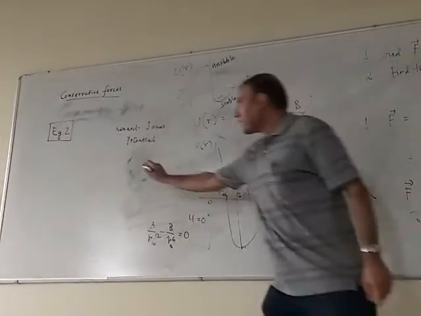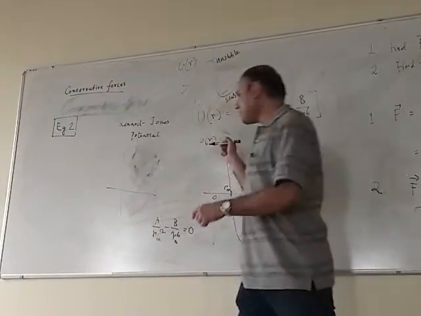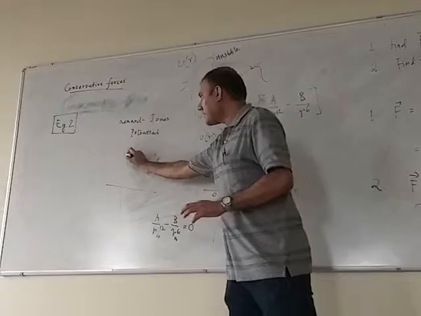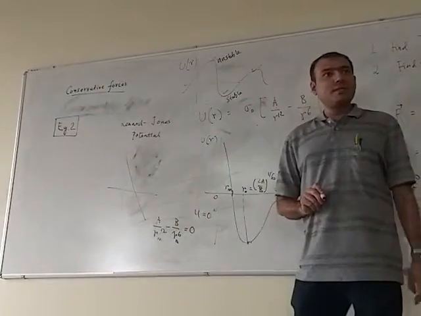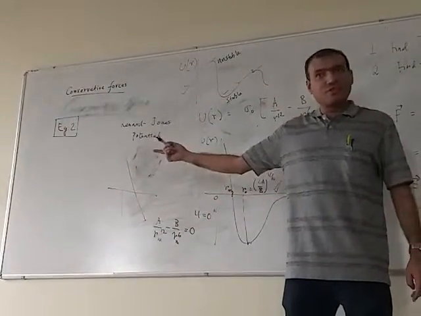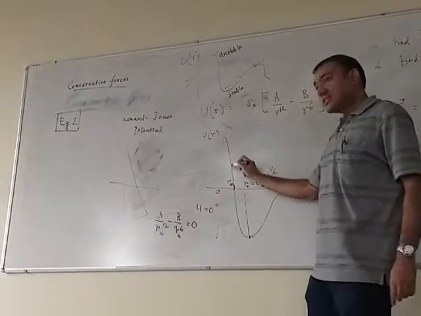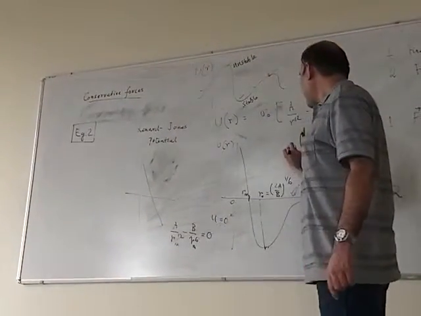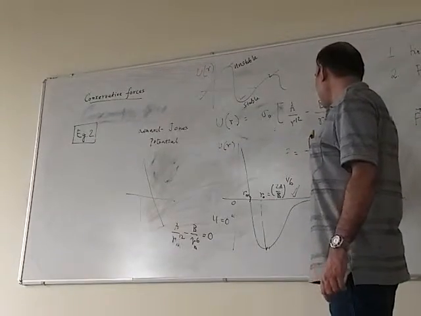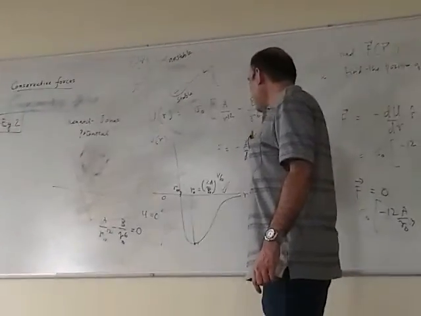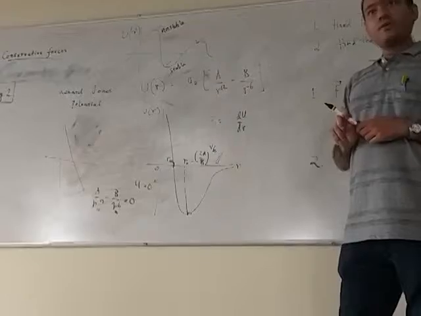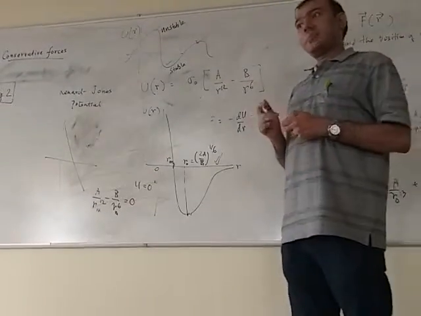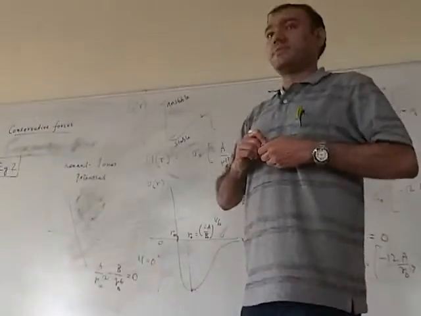Why? Think of a straight line, although this is not a straight line, but just think of a straight line which is like this. What is the gradient? It's less than 0. Right? So if it's less than 0, then the force is what? Force is minus dU/dr. So dU/dr itself is negative. The force is positive. That means the force is repulsive.